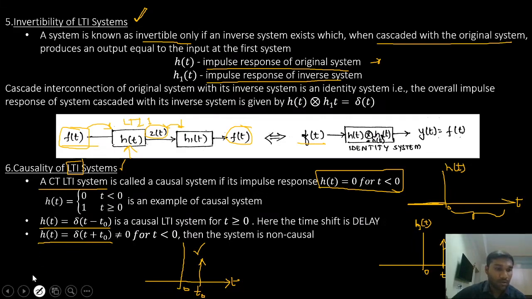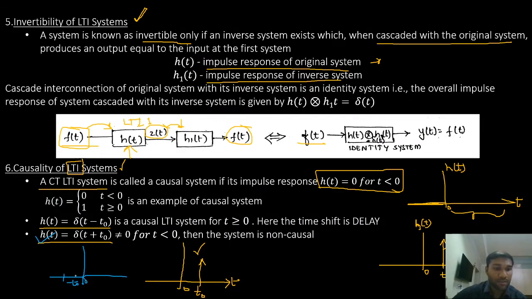Now similarly, if I look at this impulse response, h of t is delta of t plus t naught. Now t plus t naught means the impulse will be somewhere over here at minus t naught.